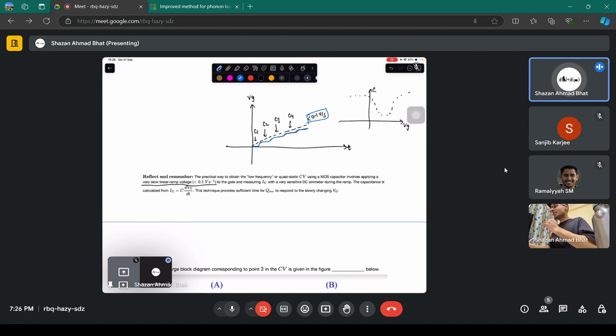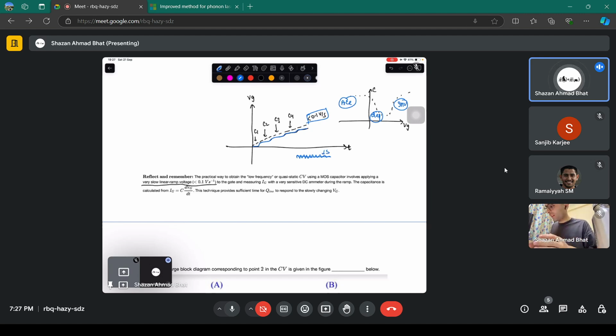So it's a slowly increased gate voltage. That's how you increase the gate voltage when you go from accumulation to depletion to inversion. And after that, on this rides the small signal. That's what I showed. Small signal rides over it.